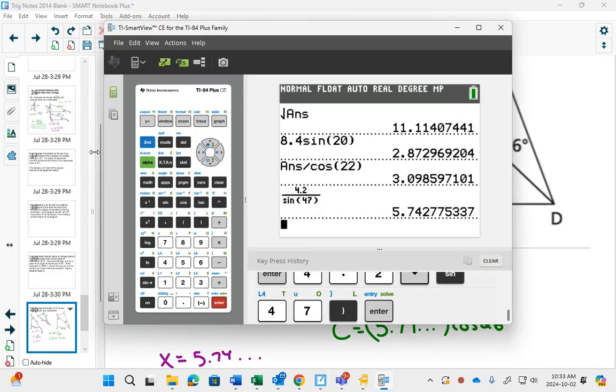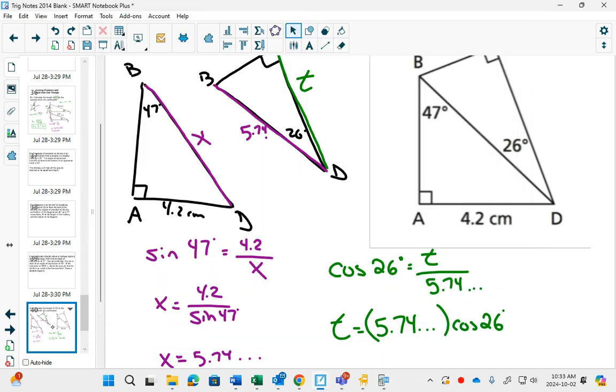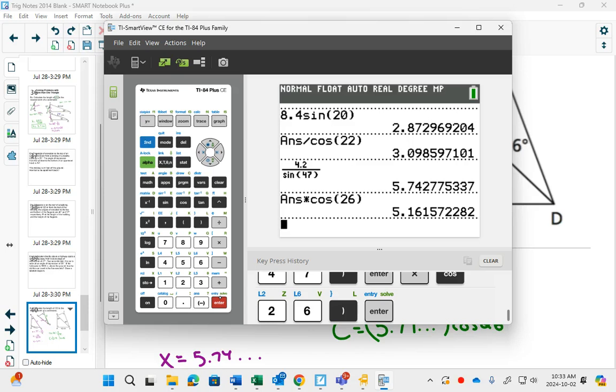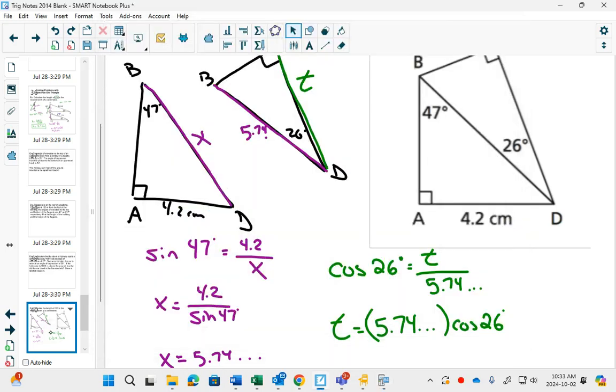And again, on most calculators, if you have the 5.74, and now you just want to multiply, if I hit the multiply button, it automatically takes that answer from before, and I can now multiply it by cos of, what was it? 26. 5.162.